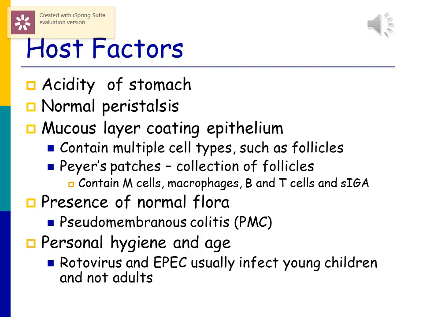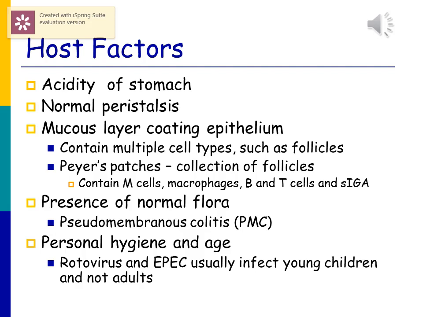So again, host factors: the stomach has a very low pH, a very acid environment. You have your normal peristalsis, that movement that moves food down into the stomach, through the small intestine, into the large intestine. You have a mucus layer that coats those mucosal epithelial cells. They contain numerous cell types. They also have follicles.